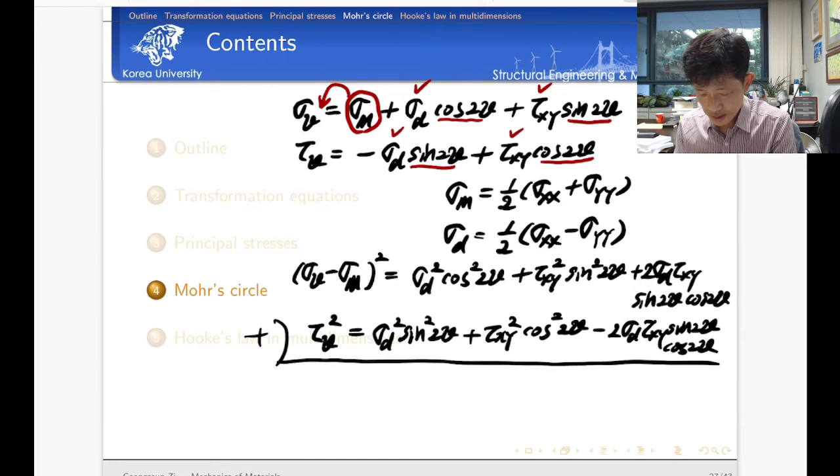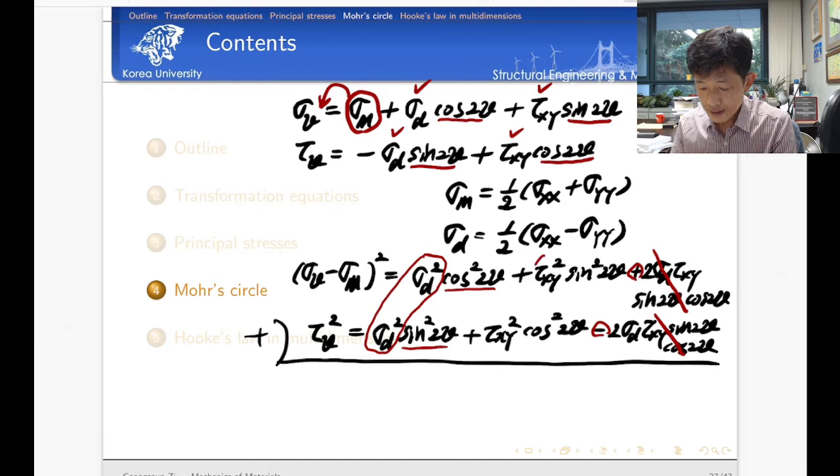Then the last terms cancel because their magnitudes are identical to each other; only the sign is opposite. And then if you look at the first term, I have the same coefficient, so I can collect it. But here I have cosine squared and sine squared, and cosine squared plus sine squared is equal to 1. This is a well-known formula, isn't it?